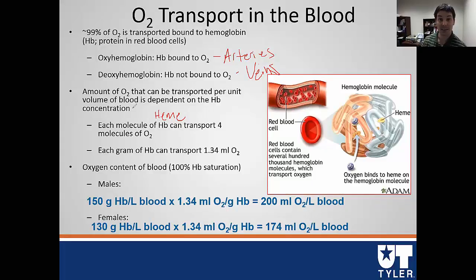That reversibility is key because we need oxygen to come in and bind and also be released in tissues, right? Each heme molecule can transport 1, and red blood cells or hemoglobin have 4 of these heme sites, right? And we can say that each gram of hemoglobin can transport about 1.34 mils of oxygen.